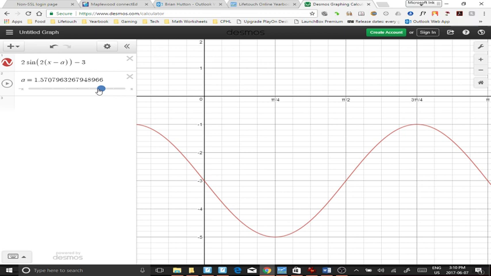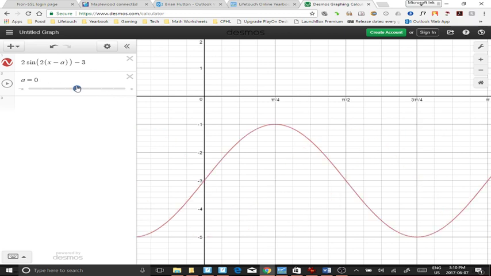So what I always do myself is think of those 5 key points. I think of this point right here at the beginning. I think of the quarter point, which is at the maximum. I think of the halfway point, which is back down at the midline. It's not going to highlight it, but you understand what I'm doing. I think of the 3/4 point, which goes back down to the minimum.